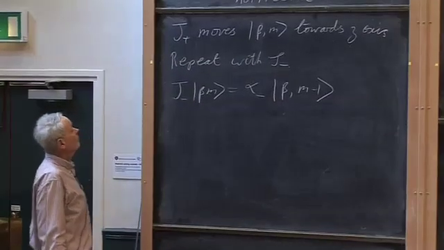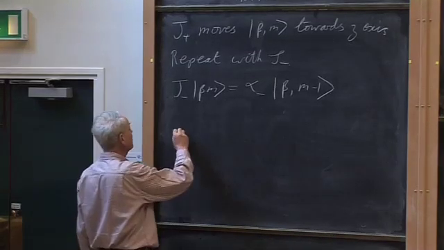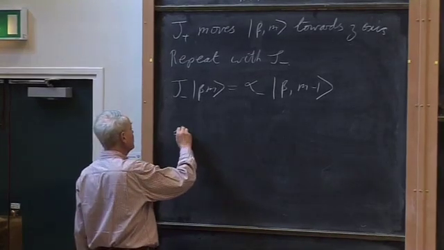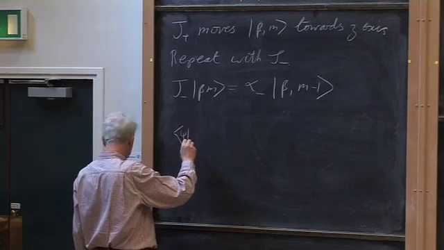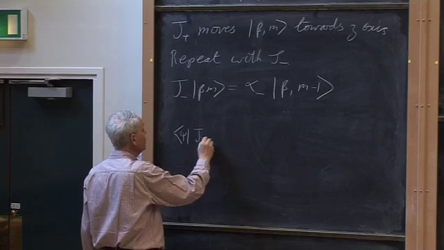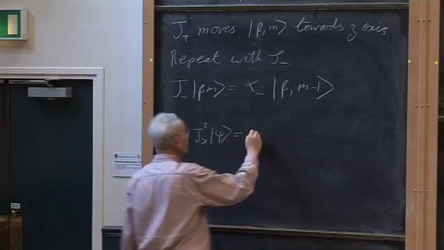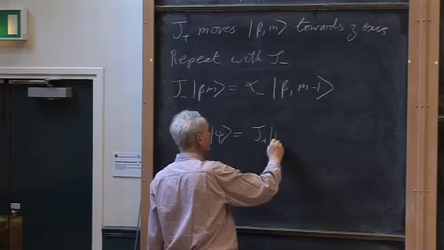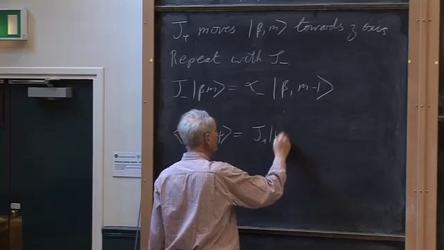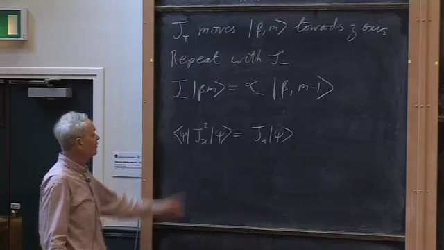Okay. Now, we have that the expectation value of, for example, Jx squared is equal to the mod squared of Jx|ψ>, for any state ψ. So take any state ψ and work out this expectation value of Jx squared.